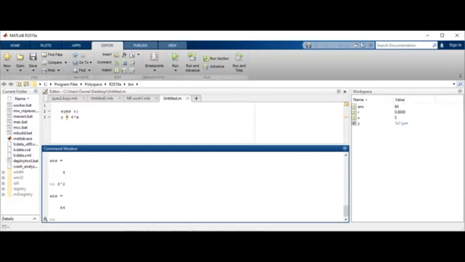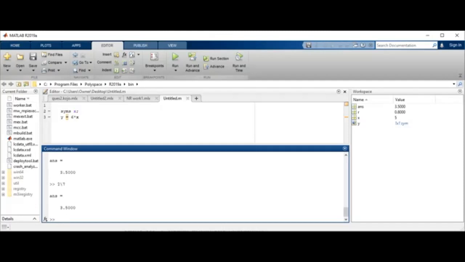Okay, good. So now if you type 7 / 2, the answer is 3.5. But you can change this by typing 2 backslash 7, because we are using backslash, we change the positions.